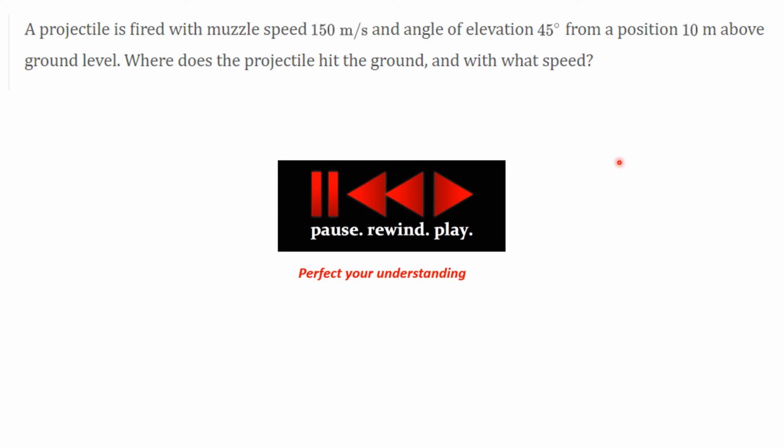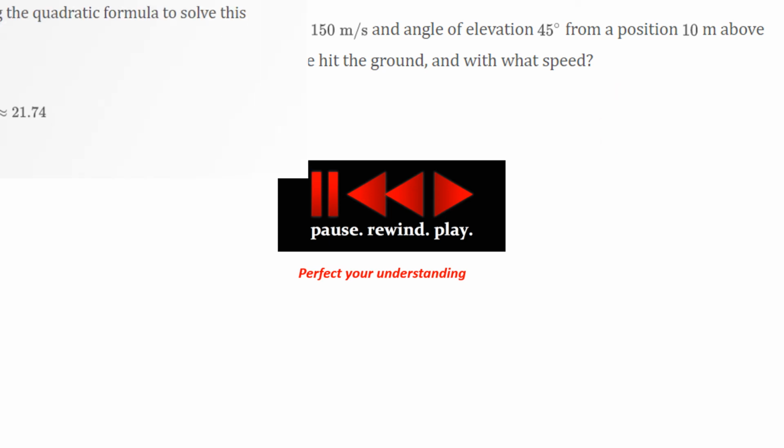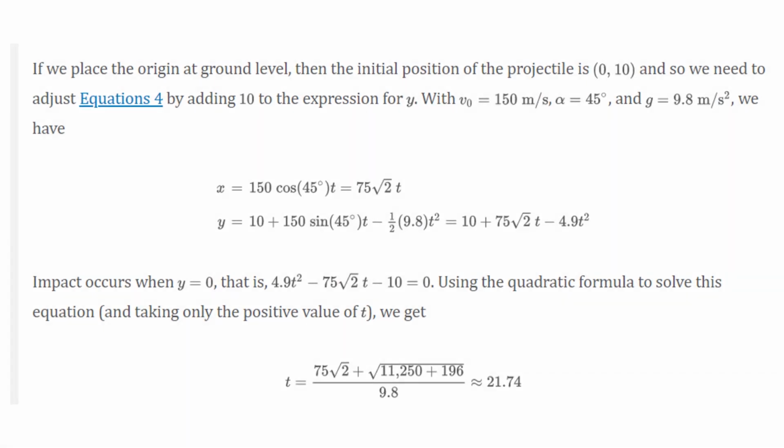Let's see how you did. Okay, we placed the origin at ground level, so the initial position is (0, 10). So we need to adjust the equation by adding 10 to the expression for y. We're taking these values: v0 is 150 meters per second, alpha is 45, g is 9.8 meters per second squared.